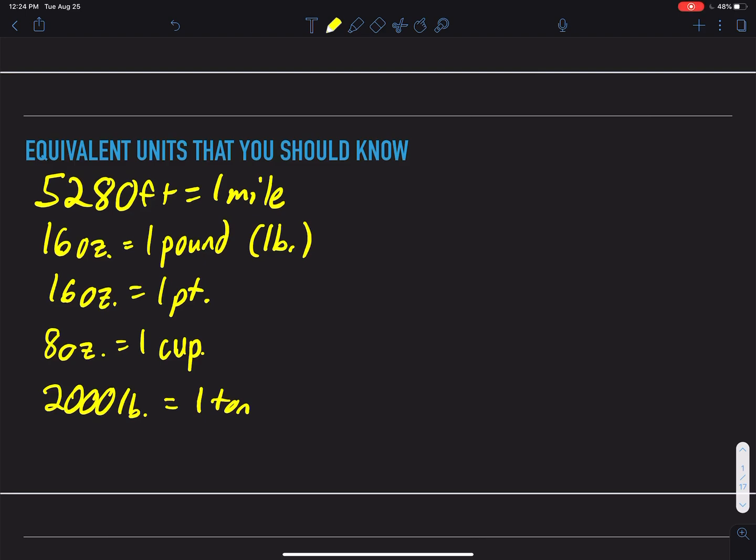You should know that there are 4 quarts in 1 gallon. There are 2 pints in 1 quart. So these are some units that you should already know.